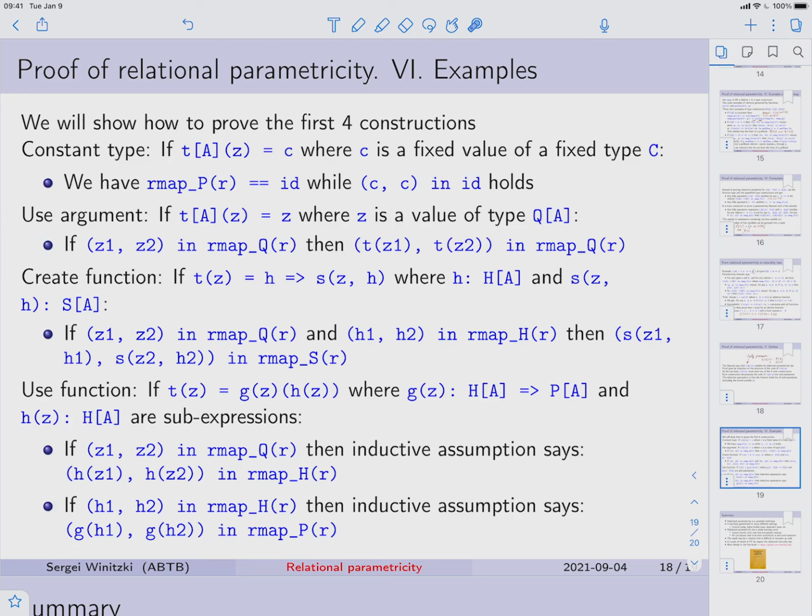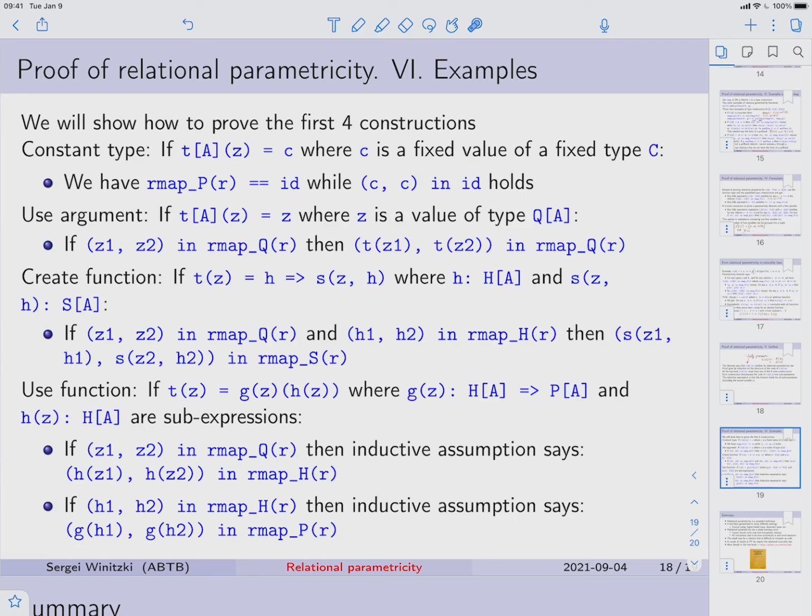The second construction is to use the bound argument. When we use the bound argument, that means the code is just Z. So this is this bound argument. It's a free variable which we defined outside of the scope of this, and so we just use that free variable.